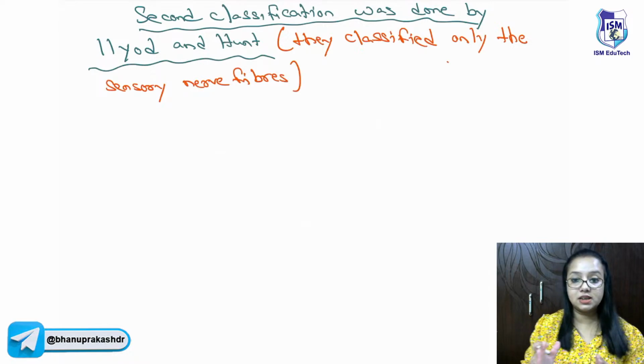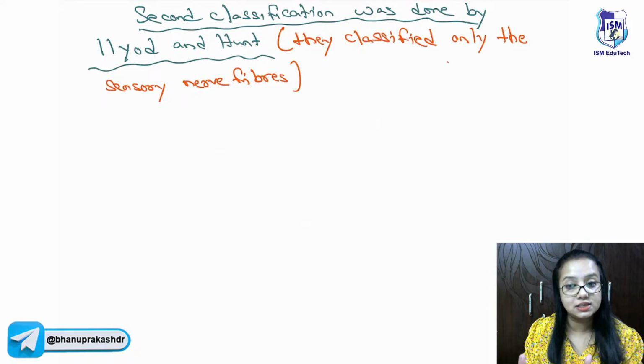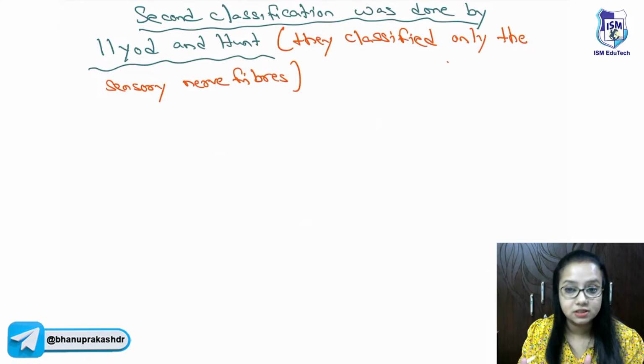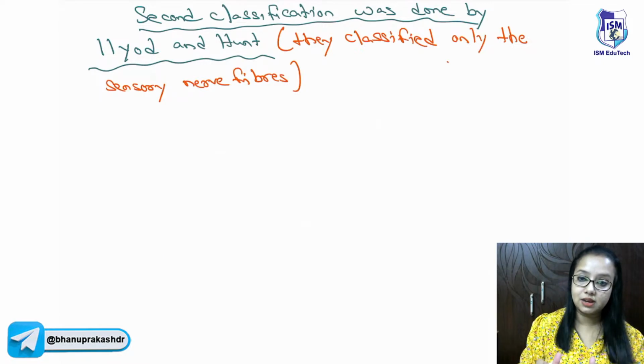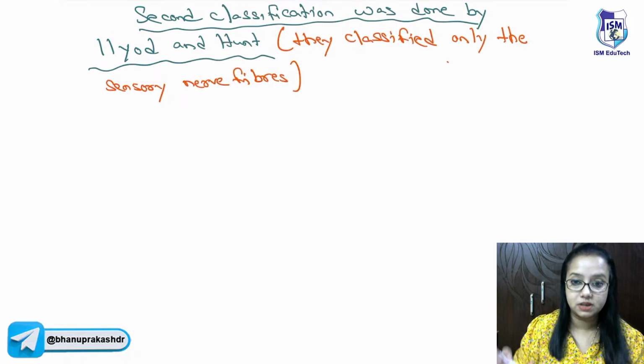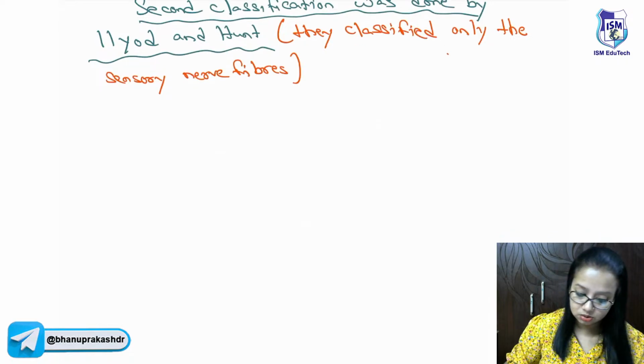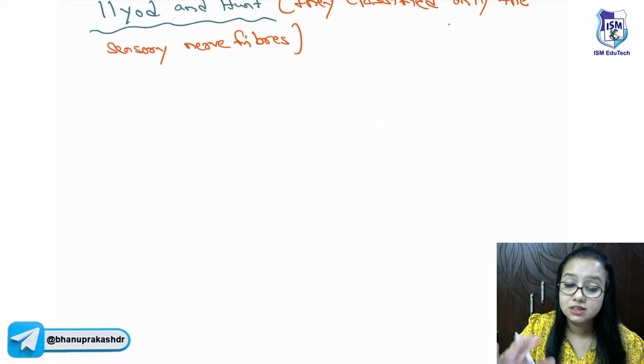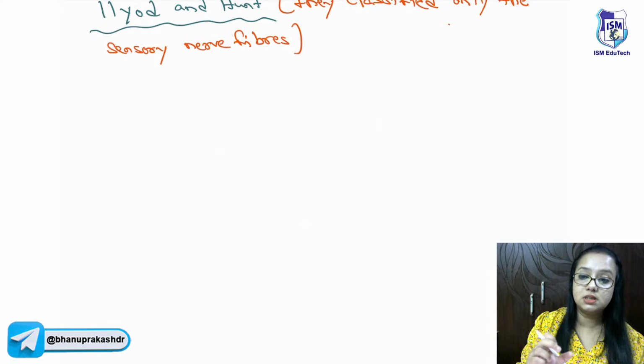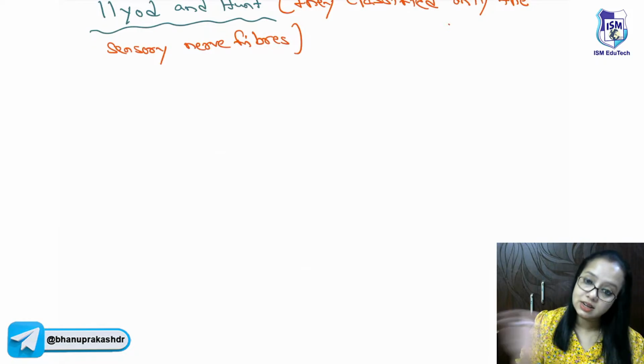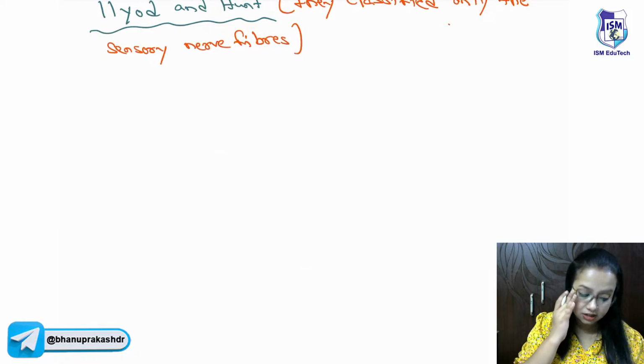They took the nerve fibers already classified according to Erlanger and Gasser, but they did not classify the motor nerve fibers; they opted those out. They classified only the sensory nerve fibers. Also, one more thing: instead of using A, B, C, because it was already used by Erlanger and Gasser, they used Roman numerals and reclassified the Erlanger and Gasser fibers.